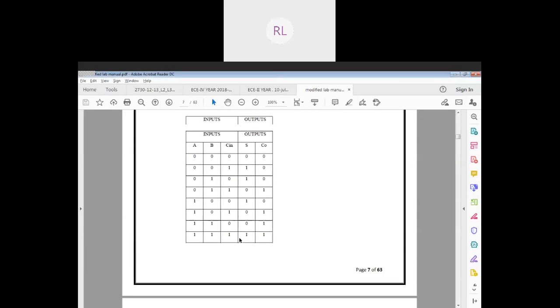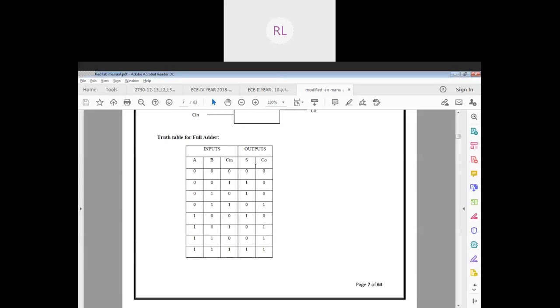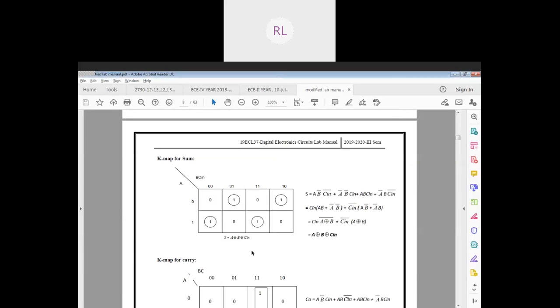So once we have the truth table, it's very easy for us to extract data from it. Even here you can use your truth table and put it into a K-map. But since it's very simple here, you really don't have to get into K-map and all those reduction techniques. But in case of your full adder, you will have to get into it.